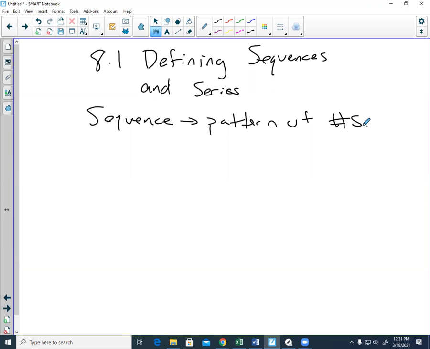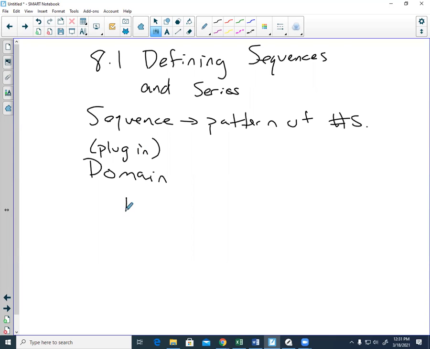Okay. Before I do this, I want to show you what the terminology or symbology behind it looks like. There is a domain, and these are the numbers that you plug into the pattern, like you're saying the first term, the second term, the third term, and so on.